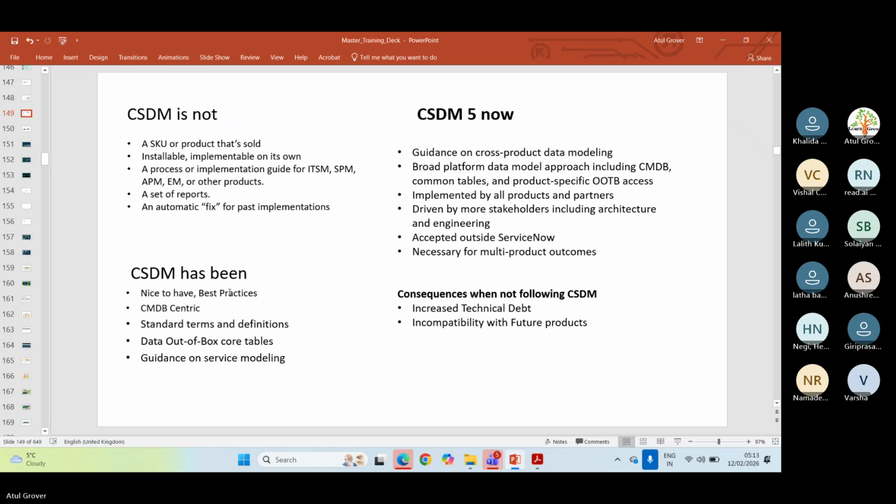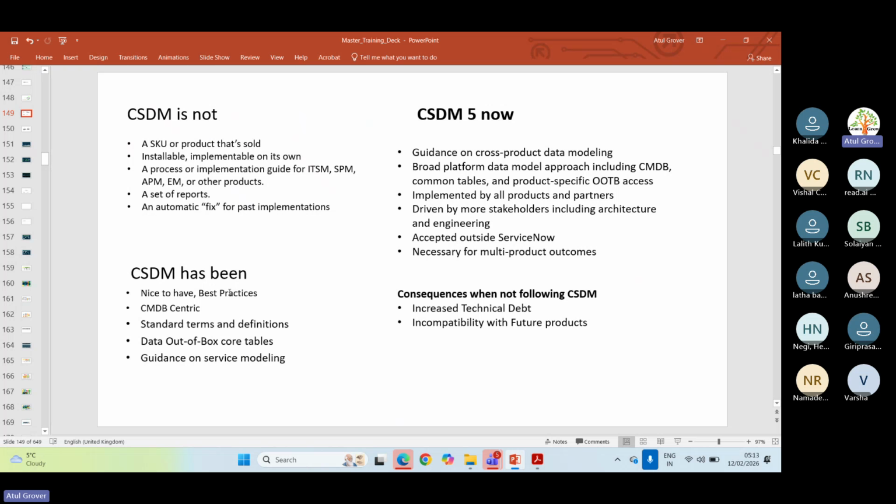So what does ITIL mean? ITIL says it is a set of best practices. If you use them, you will benefit. If you don't, you can still run your business, but might not be able to optimize it.